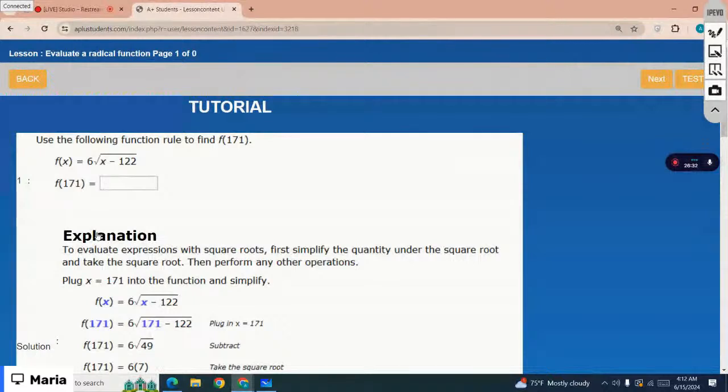First thing here is you are given the equation f of x equals 6 square root of x minus 122. Replace all the x with 171, right?